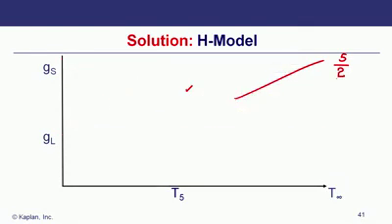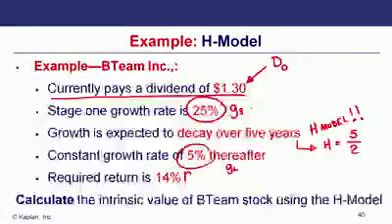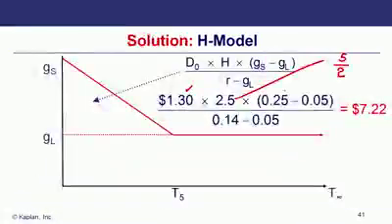Well, short-term was 25%, long-term was 5. So there we go. Final term, 0.25 minus 0.05, over R minus G. Make sure you use the long-term low growth rate in the denominator.